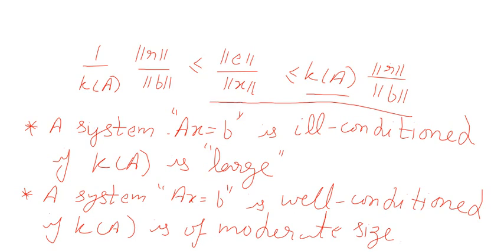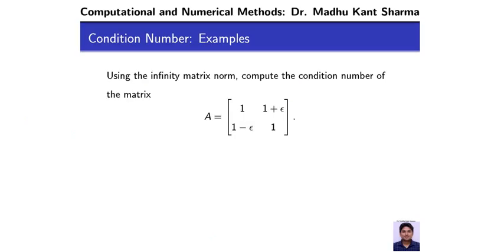Right. So let's consider an example here. Using the infinity matrix norm, compute the condition number of the following matrix. It clearly depends on epsilon, where epsilon is any number greater than 0.